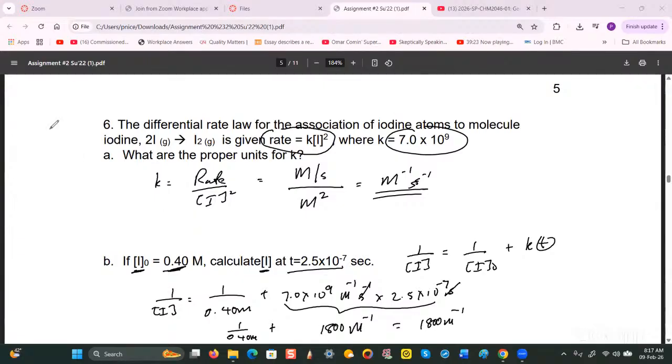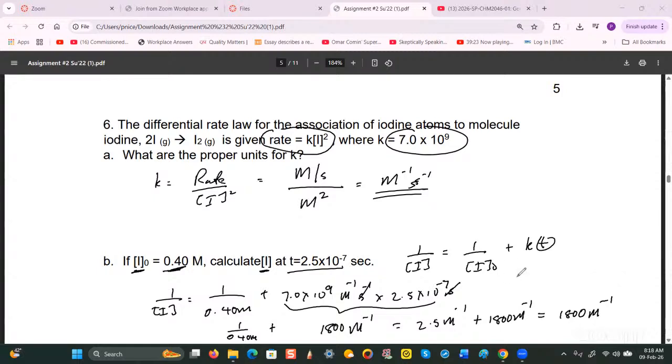So let me just show you how I got this here. So this part here works out to be 2.5 M to the minus 1 plus 1800 M to the minus 1. So this works out to be 1800 when rounded off appropriately, rounded off to the 100th place, like this.